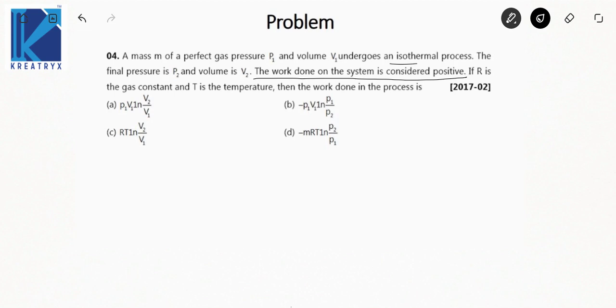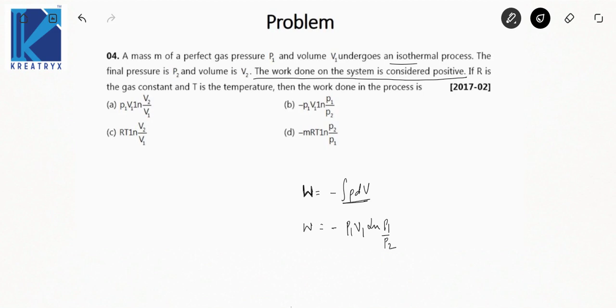So if the work done on the system is considered as positive, work done by the system will be considered as negative. When we solve this, what do we get in case of isothermal process? We get minus P1 V1 ln P1 by P2.